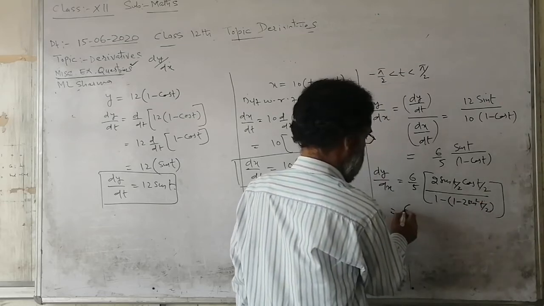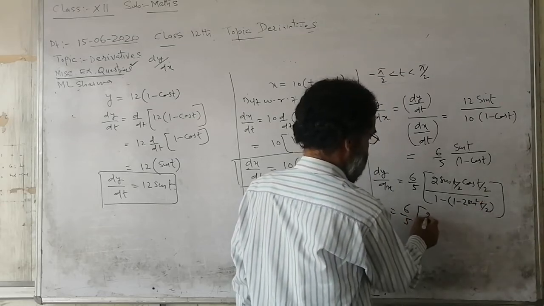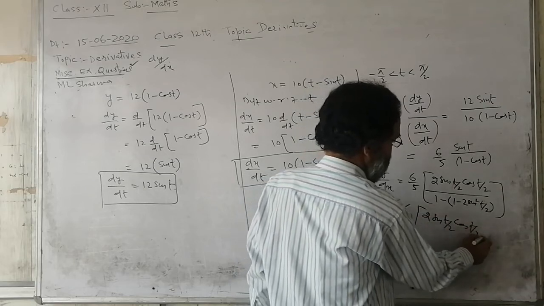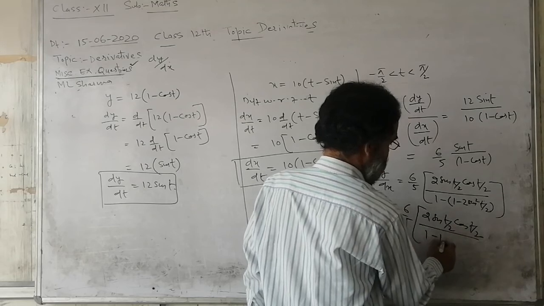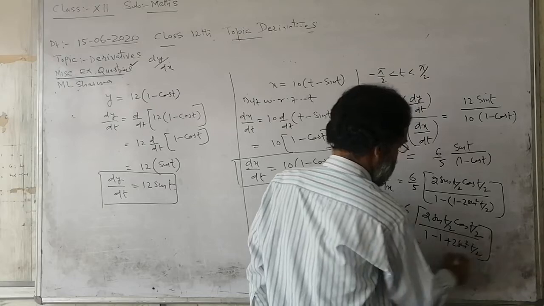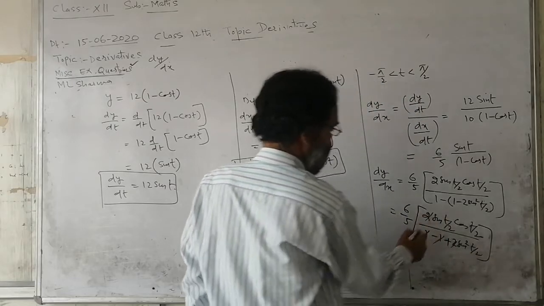So this will be equal to 6 upon 5 times 2 sin t by 2 cos t by 2 over 1 minus 1 plus 2 sin square t by 2. 1 and 1 cancel, 2 cancel.